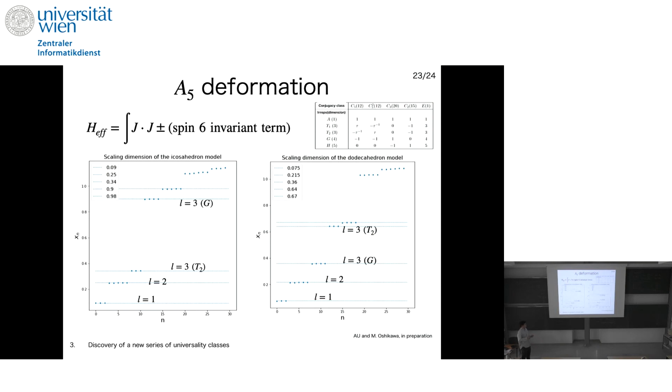That's why. So what you find is that this scaling dimension also follows the A5 symmetry. You start from ground state L equals 0, 3-fold degeneracy, 5-fold degeneracy, and the 7-fold degeneracy is breaking into two parts because of this spin 6 invariant term. And the signs are different because of the duality.